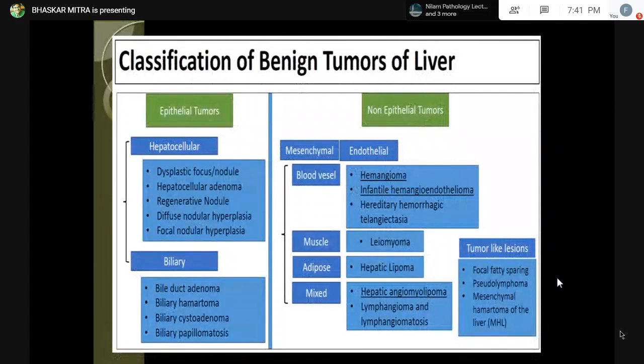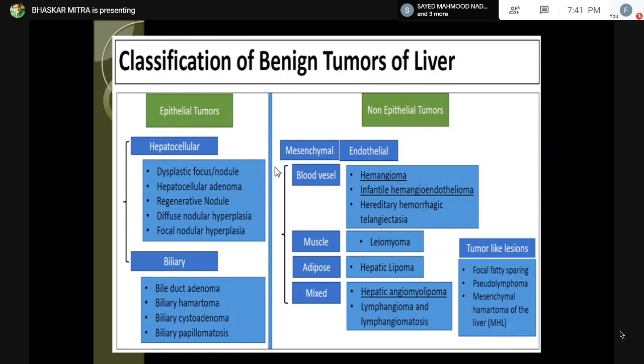Today we are talking about the benign tumors. So my approach is whether we are seeing any lesions or proliferation in the epithelial component or in the non-epithelial component.